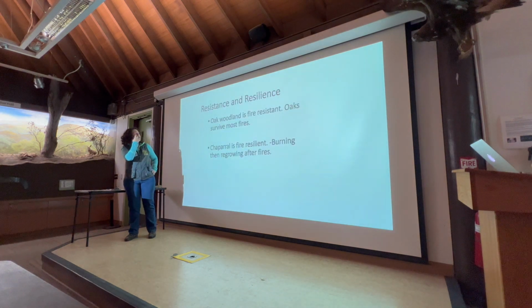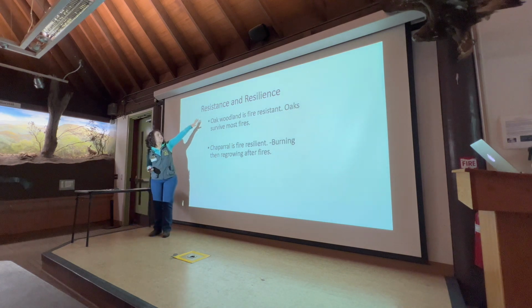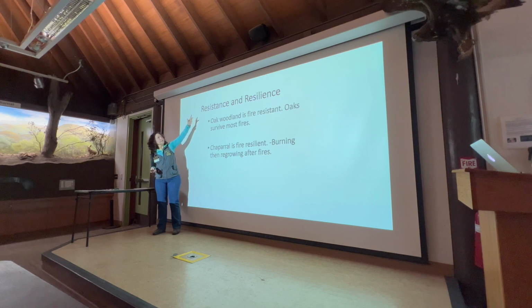Okay, so there are also these ecological ideas of resistance and resilience, right? Resistance is not being affected by something. The fire goes through, the oak tree doesn't burn, it's fire resistant.